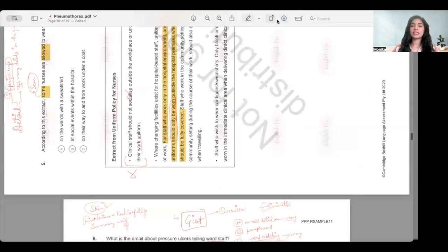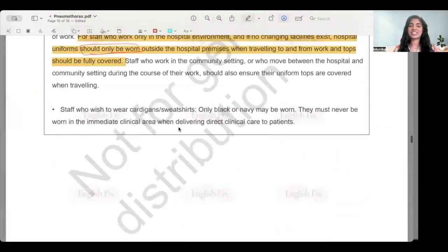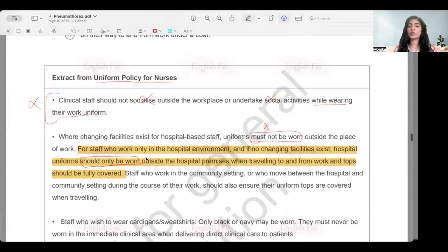While reading this, I recognize they're saying for staff who only work in the hospital environment and if no changing facilities exist, hospital uniform should only be worn outside the hospital premises, number one. Number two is that when they're traveling to and from work and tops should be fully covered. Okay, that's where I found my answer.